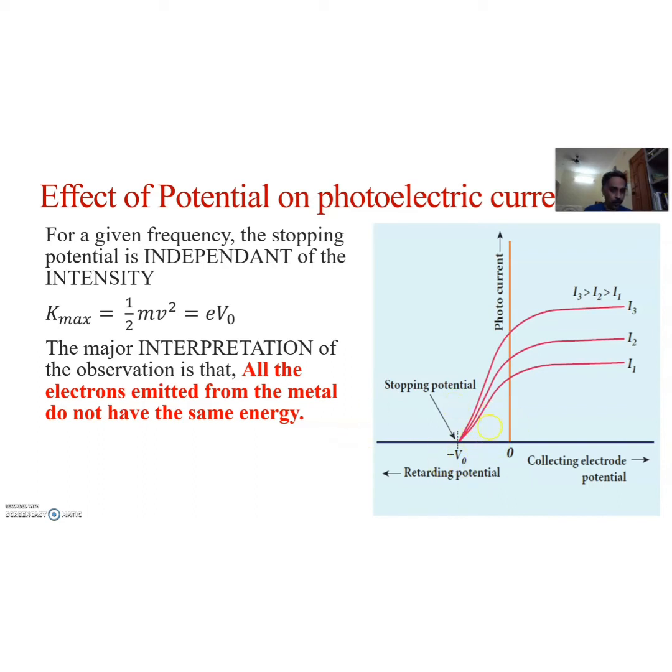The stopping potential was the same, minus V naught. This is the minimum negative potential that is applied to the plate A, so that no electron reaches the plate A, or in other words, no photocurrent flows. This you call the retarding potential or the stopping potential. So this is one thing.